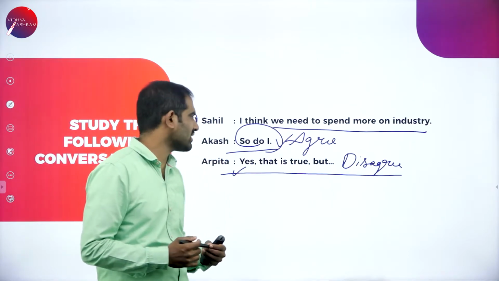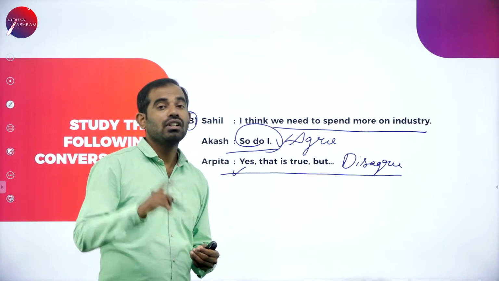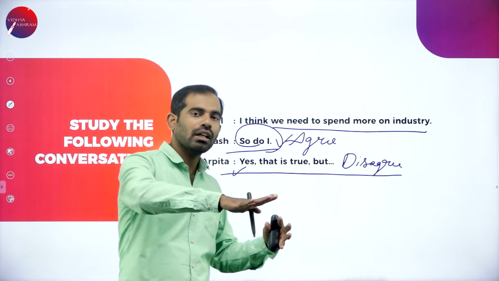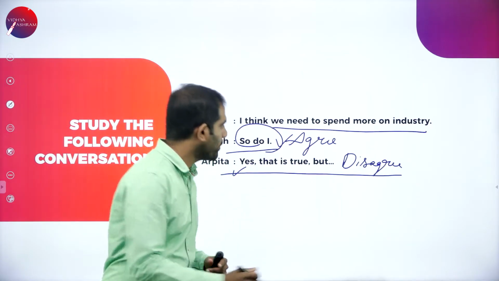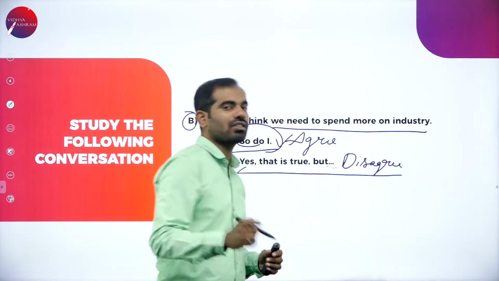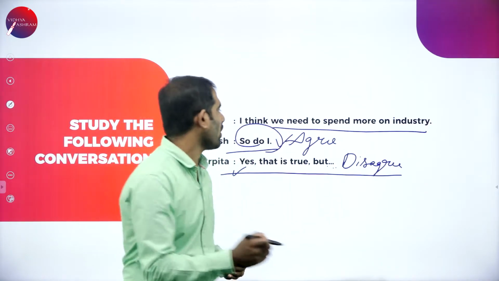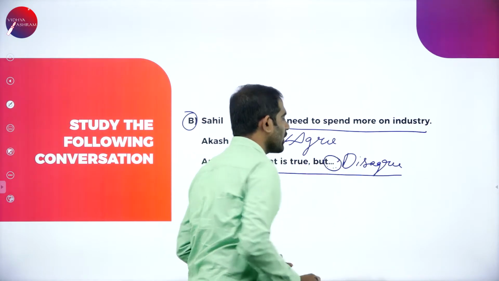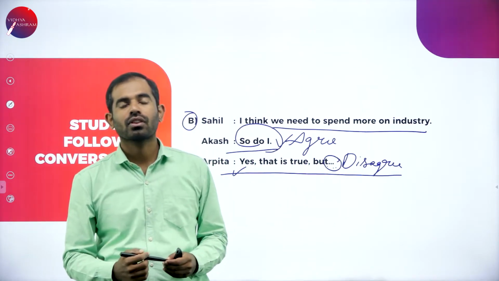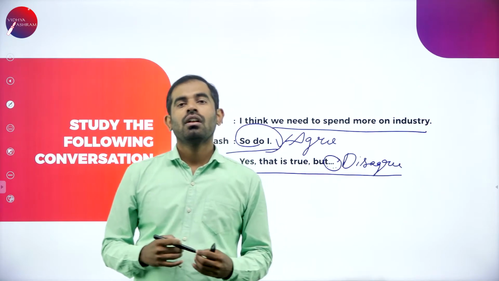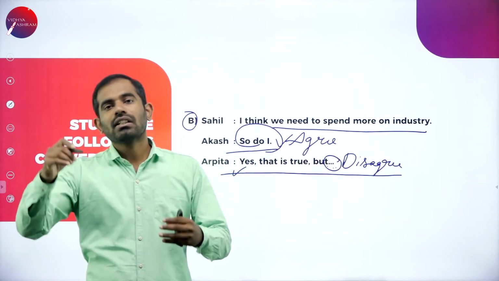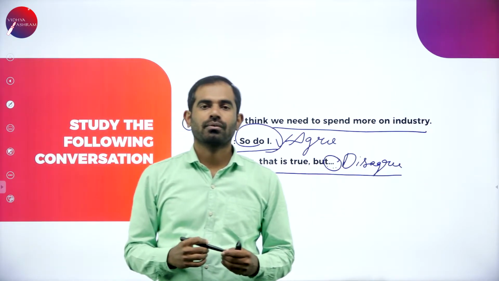Arpita says, yes, that is true. She is sort of agreeing and also disagreeing. But these three dots tell that she is not completely agreeing. It is not just a typing mistake or a typed error here. Three dots mean there is something which continues.